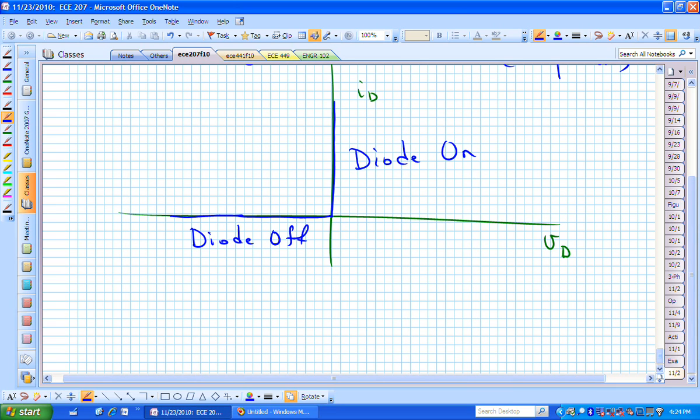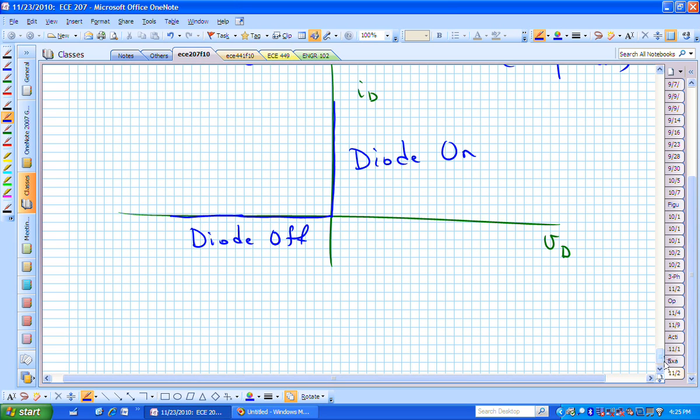In reality, there's 0.6 volts maybe, but we're going to neglect that and just say, oh, it's 0. We have a wire. If it's reverse biased and the polarity on that diode is negative, then we're going to say it's open. There's no current flowing whatsoever. It's like an open circuit.